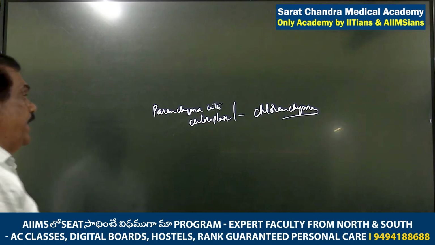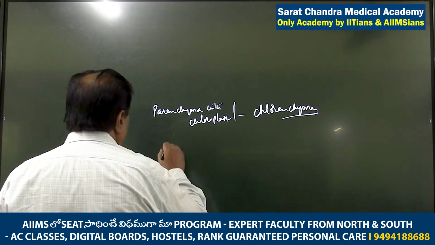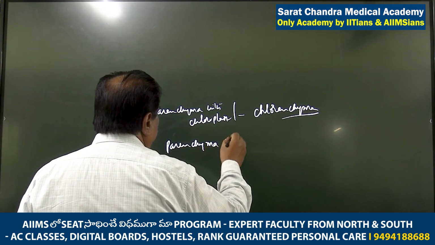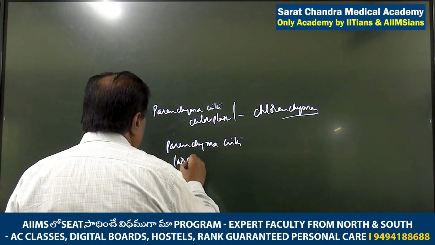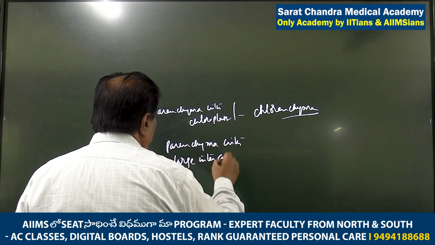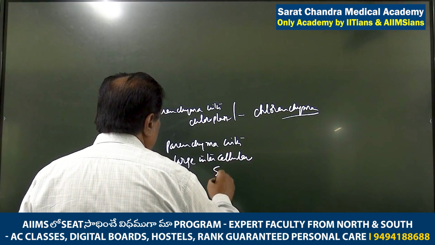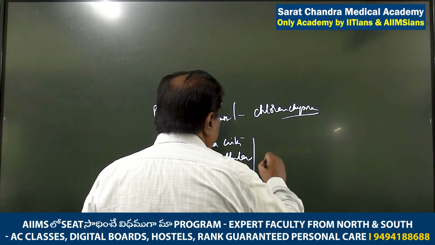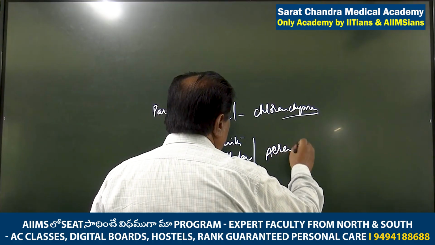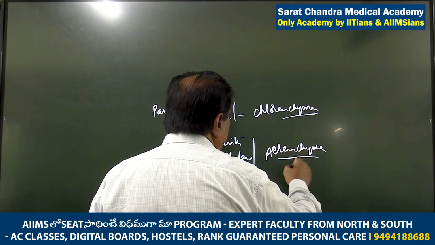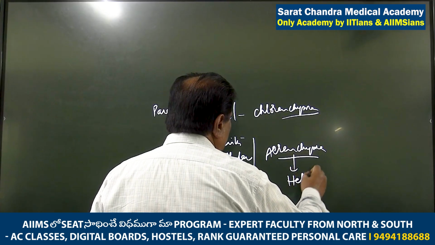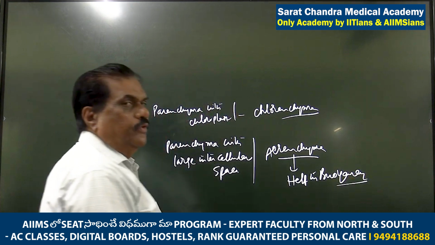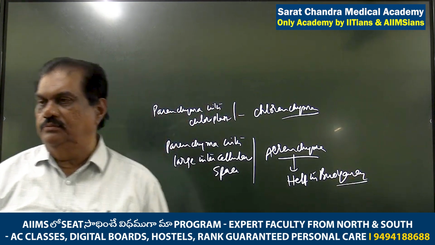The parenchyma cells having large intercellular spaces, such kind of parenchyma is called Aerenchyma. Aerenchyma helps in buoyancy in hydrophytes.